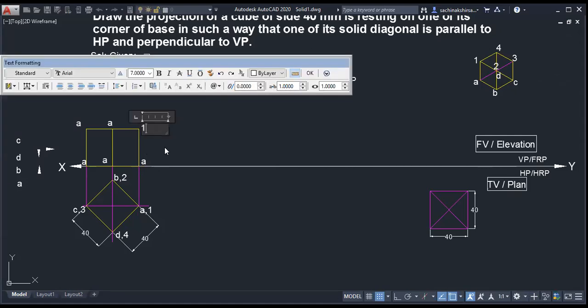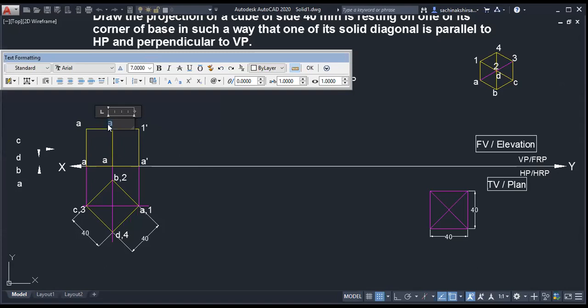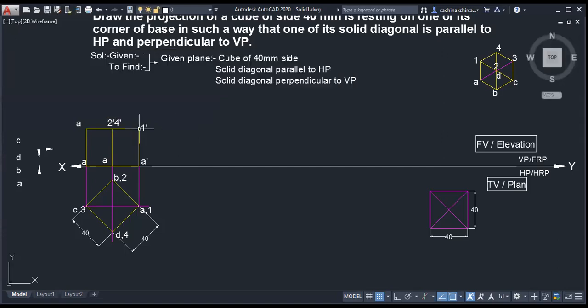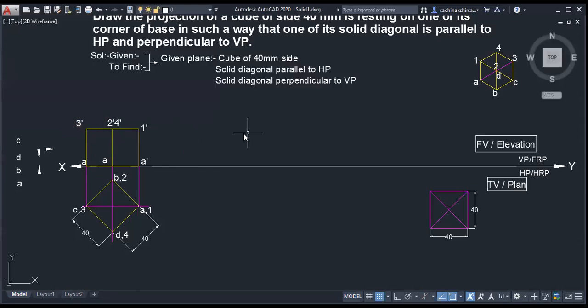I will say the one, 1 dash. Here A dash. Which two points will be there here? 2 dash, 4 dash. Here which point will be there? 3 dash.